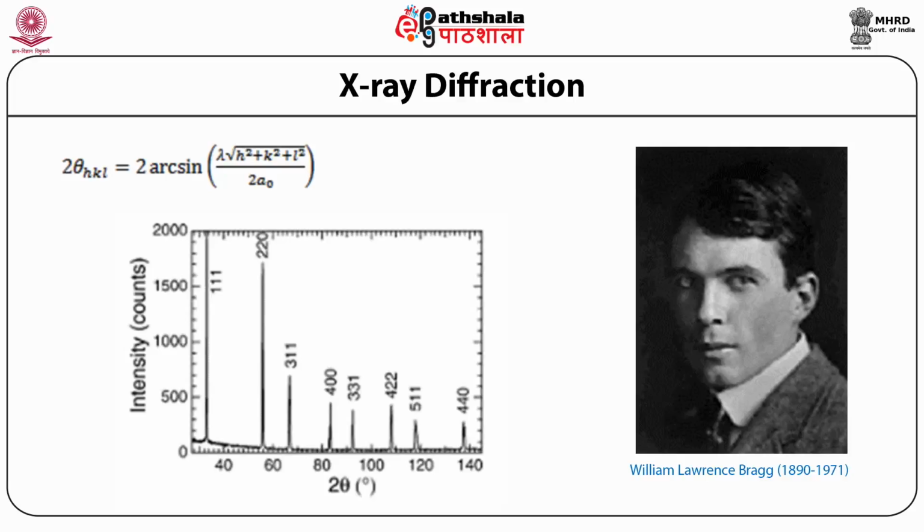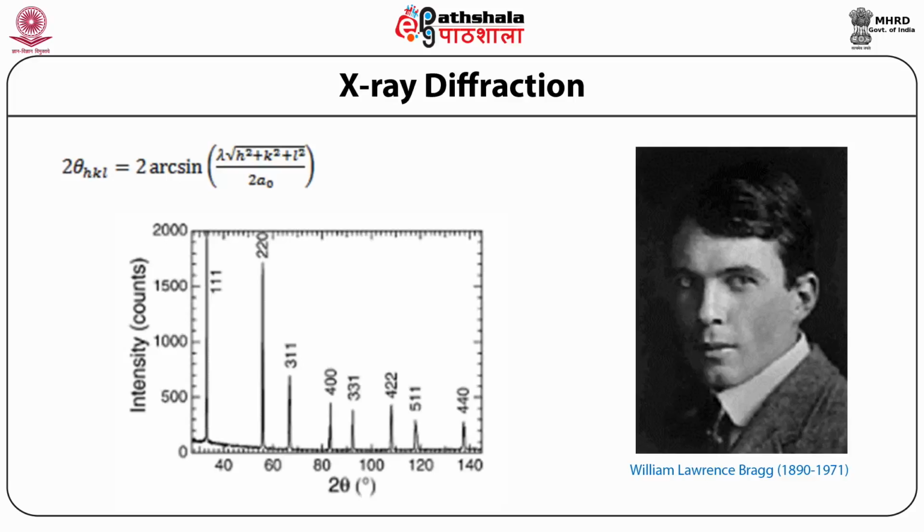For example, let us take this first peak, 111. If in the formula above we put 111 instead of hkl and put the value of a0, then this equation is satisfied. Similarly, we find that the next peak is 200. If you try something like 112, the equation will not be satisfied, because no peak exists between 111 and 220.